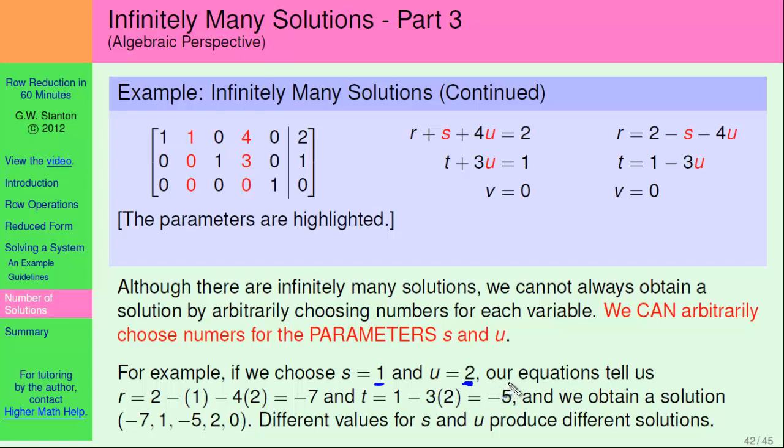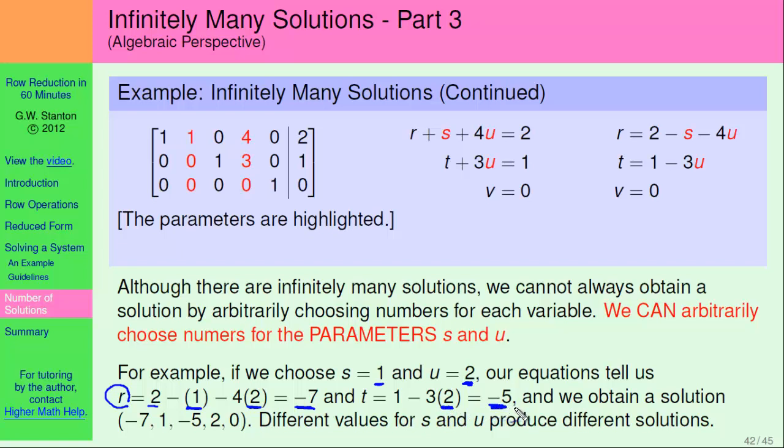In that case, our equations tell us that r would have to be 2 minus 1 minus 4 times 2, because we just substitute our values for s and u. And so r has to be -7. And similarly, substituting in 2 for u into the equation for t tells us that t has to be -5.